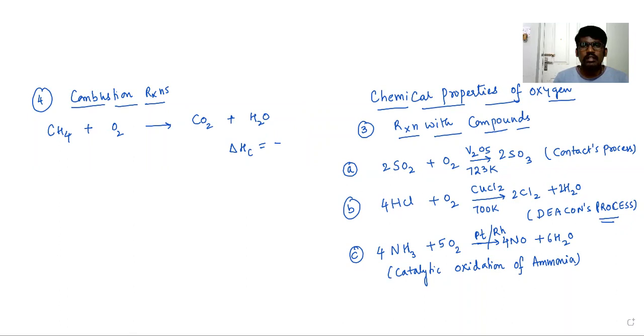It releases around 890 kilojoule per mole of energy. If you balance it, you'll get 2 here and 2 here. So when methane undergoes combustion, it produces CO2 and H2O. So combustion is an example of complete oxidation reaction.